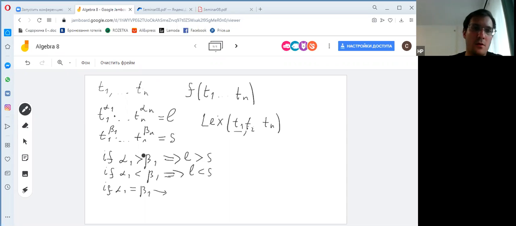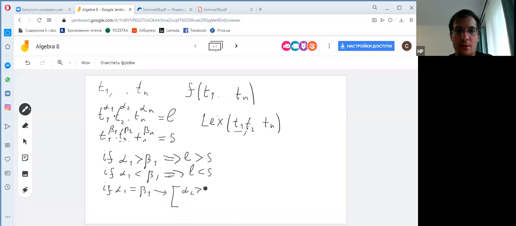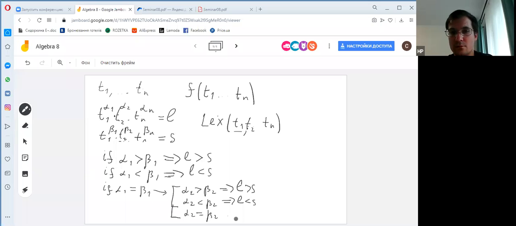So we consider the powers of t2: alpha 2 in L, and t2 to the power beta 2 in S. If alpha 1 equals beta 1, then if alpha 2 is bigger than beta 2, L is bigger than S. If alpha 2 is smaller than beta 2, then L is smaller than S, and if alpha 2 equals beta 2, then we consider alpha 3 and beta 3 and so on.